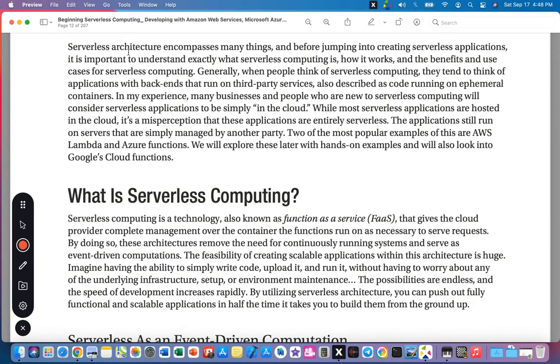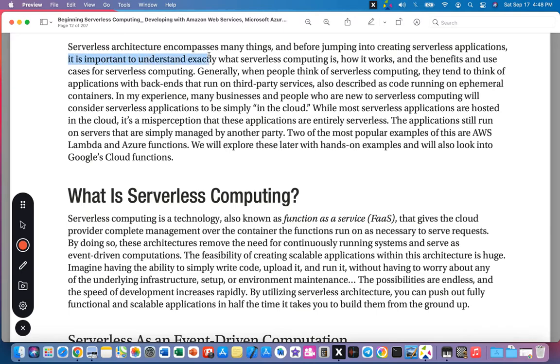Serverless architecture encompasses many things, and before jumping into creating serverless applications, it is, so basically, this applies to both web-based and mobile apps, right? It is important to understand exactly, and I think desktop apps, all right? Of course, desktop apps are included.